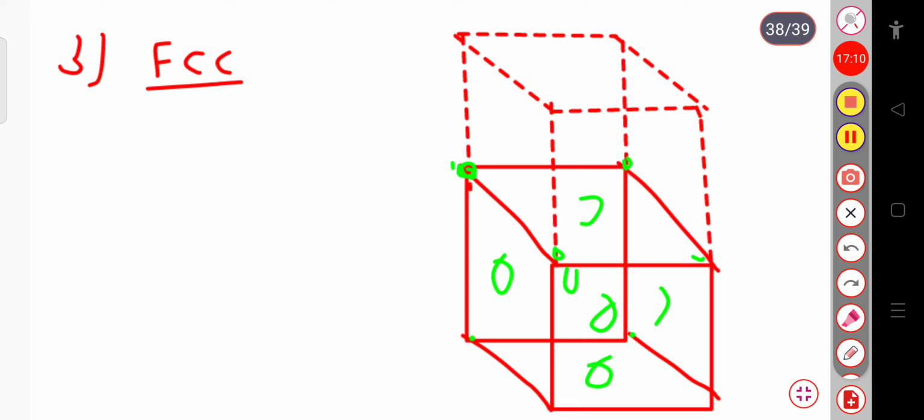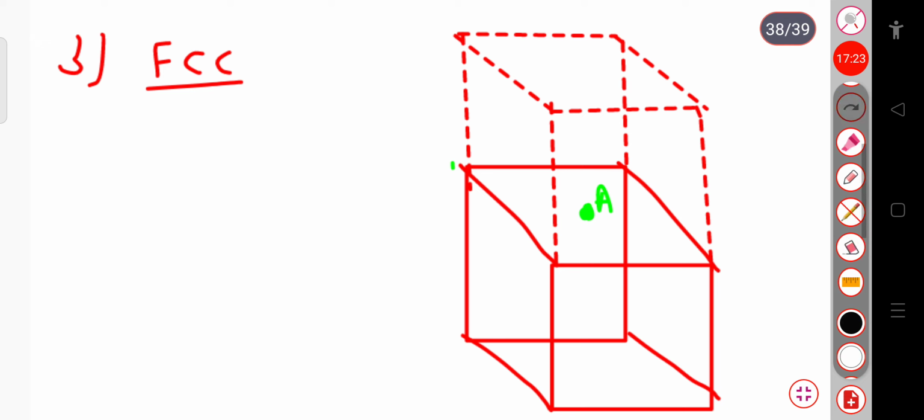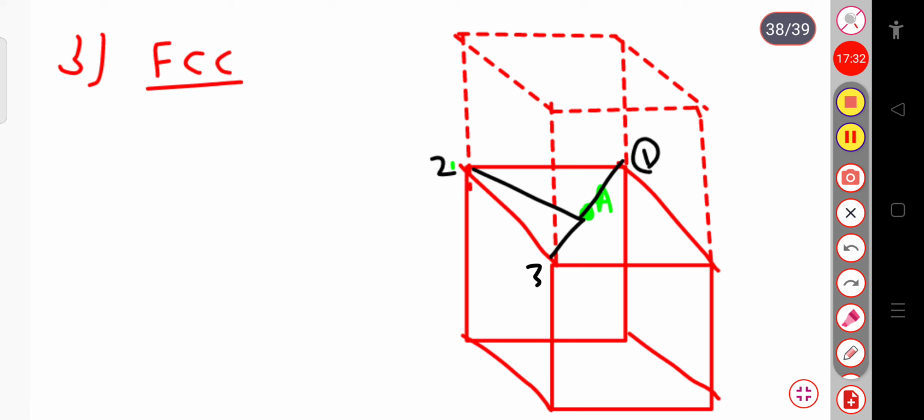Now we will discuss the coordination number for this FCC structure. Suppose I am considering this face centered atom, this is point A. Now I will show you the corner atoms present on this plane. This one first, this is second, this one is third, and this one is fourth.